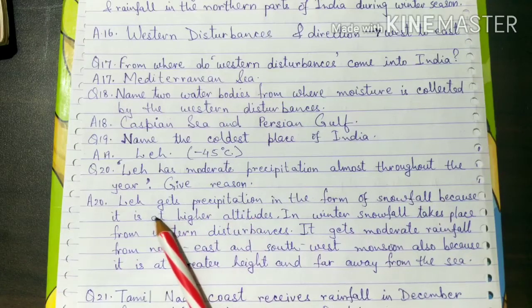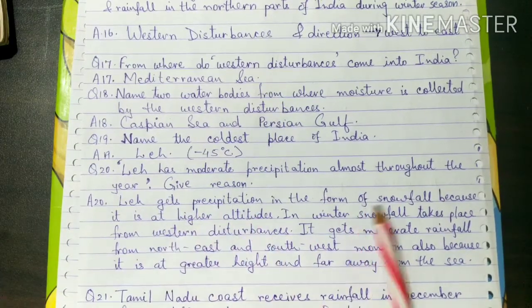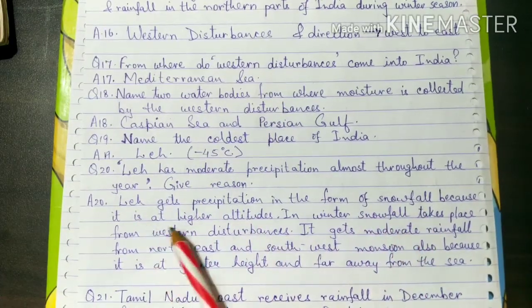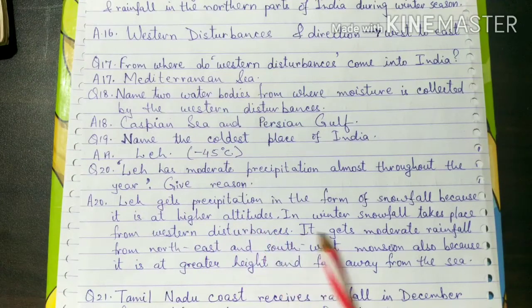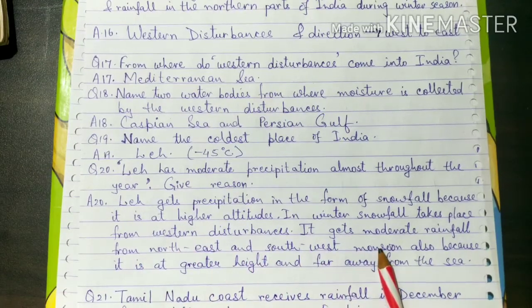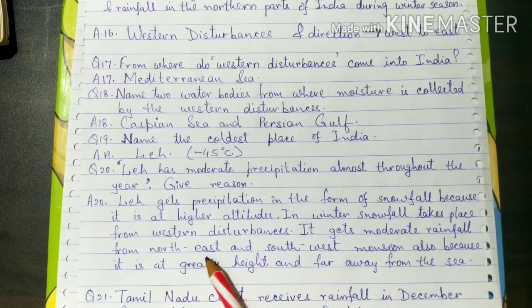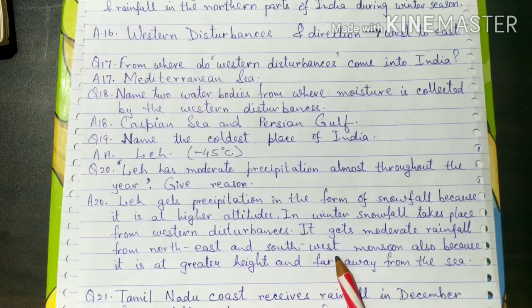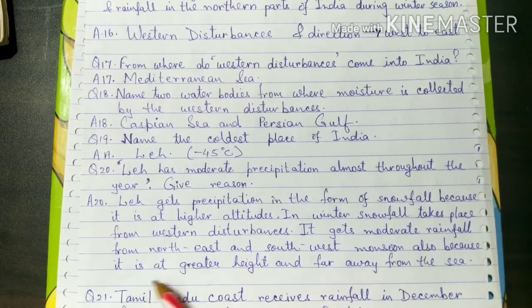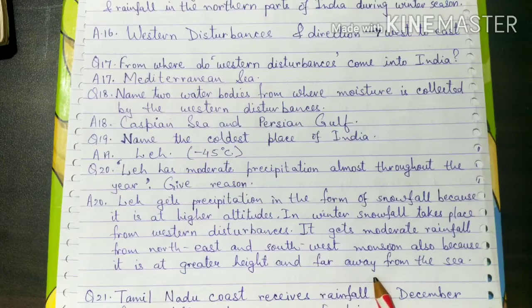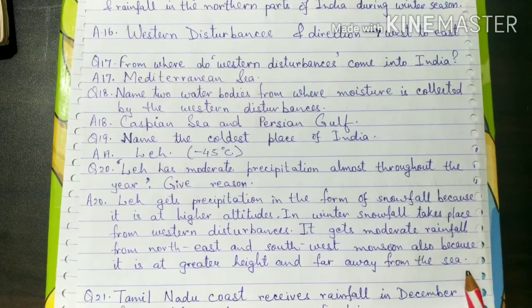Leh gets precipitation in the form of snowfall because it is at a higher altitude. In winter, snowfall takes place from western disturbances. It gets moderate rainfall from the northeast and southwest monsoon. Also, it is at a greater height and far away from the sea.